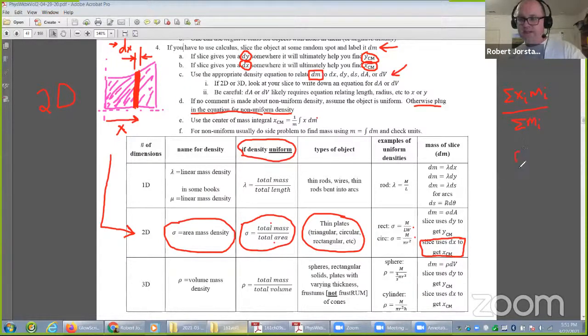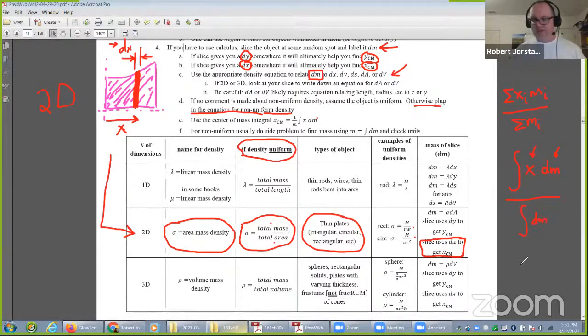When we do this in calculus land, we're going to integrate x dm. dm is the small amount of mass associated with the slice located at position x. I need to divide that by the total mass. In general, that is the integral of dm.